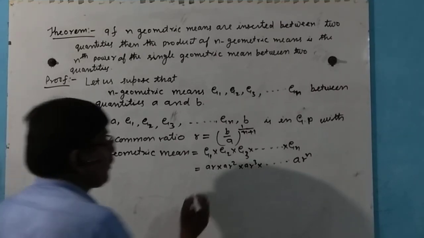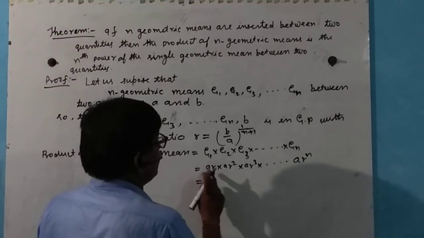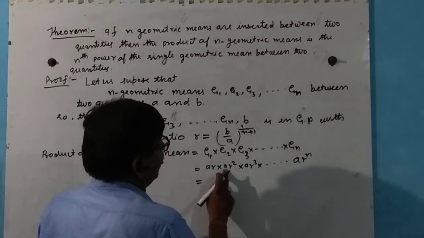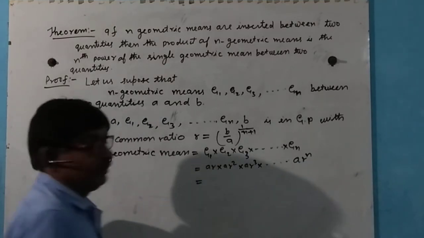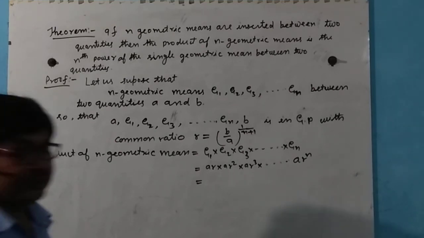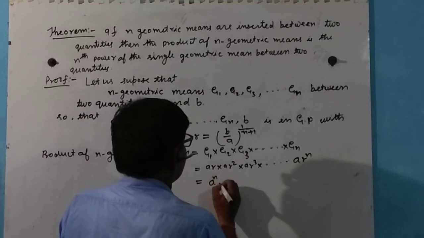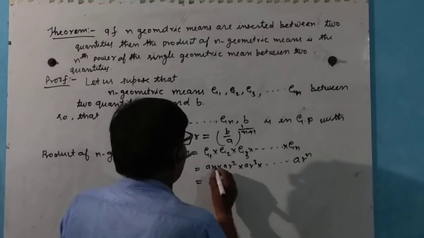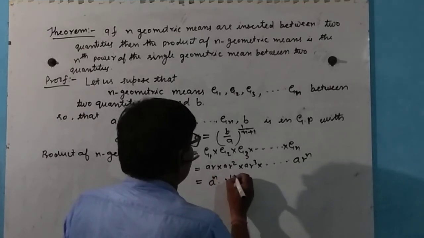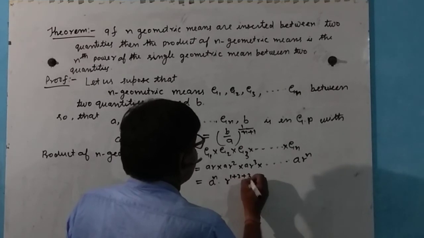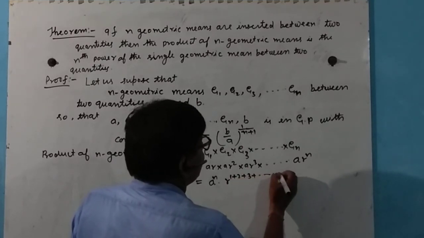Now this is the product, and here n times a gives a to the power n into r to the power 1 plus 2 plus 3 plus ... plus n.